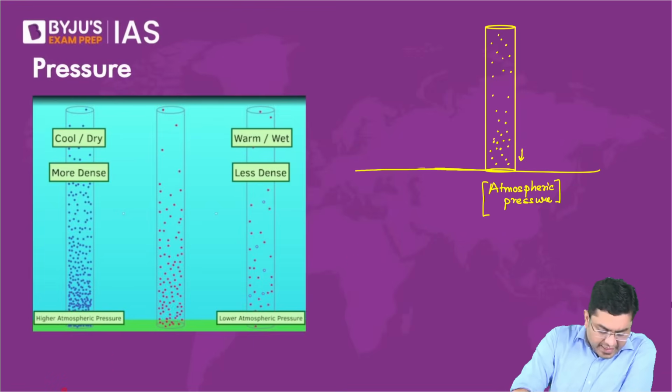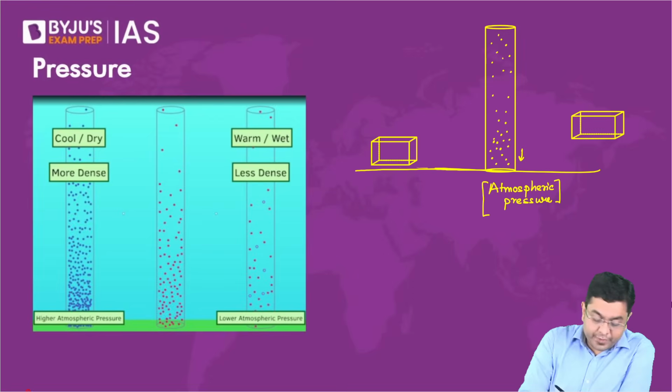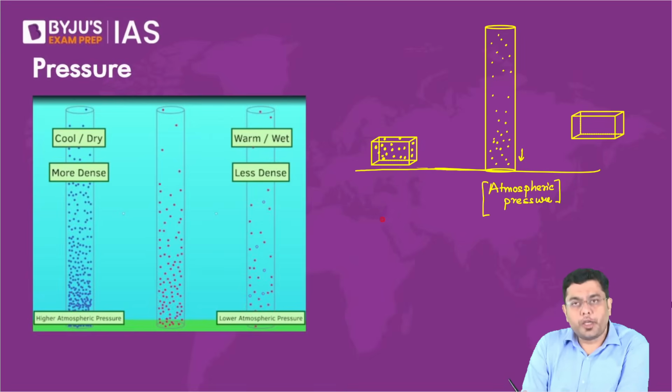Let's suppose I have two samples of air. Let's assume this has got various different air particles. Now, if I heat this air up, if I warm it up, what will happen to the molecules?